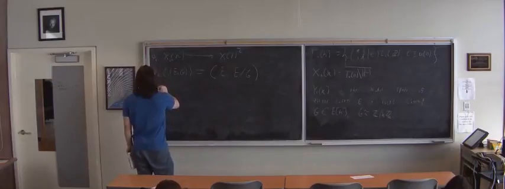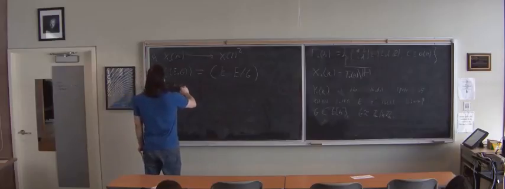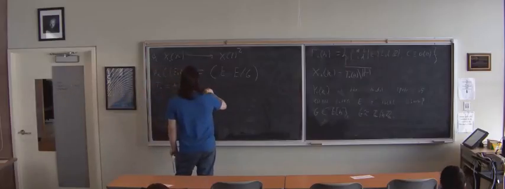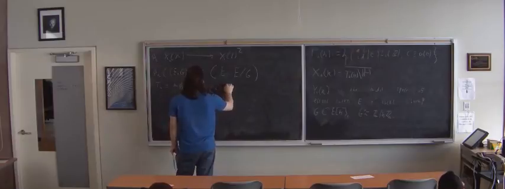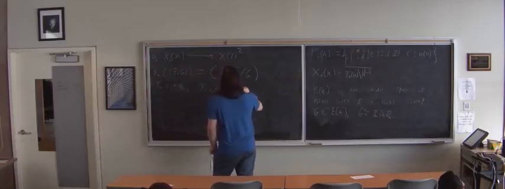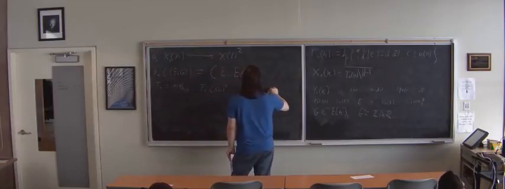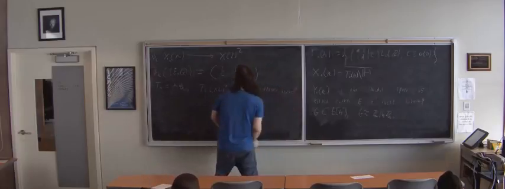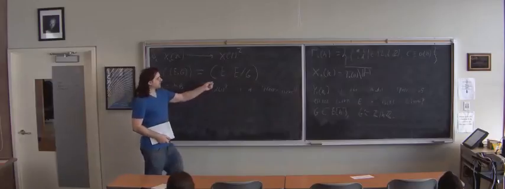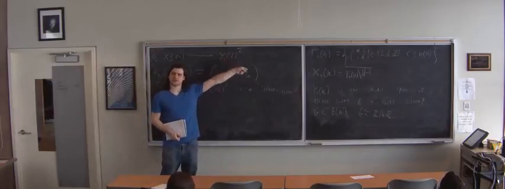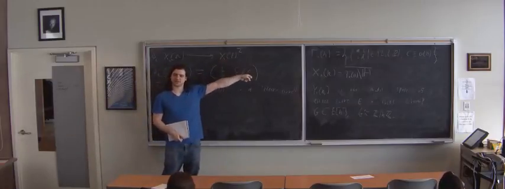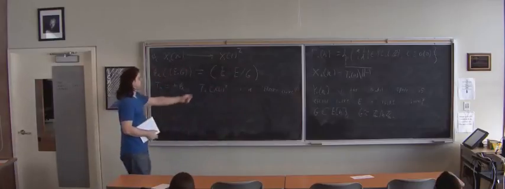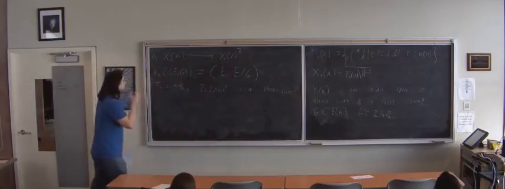We define Tn to be the image of phi n, and Tn in X1 squared is a Hecke curve. What is Tn? It's precisely pairs of elliptic curves with a cyclic degree n isogeny between them.